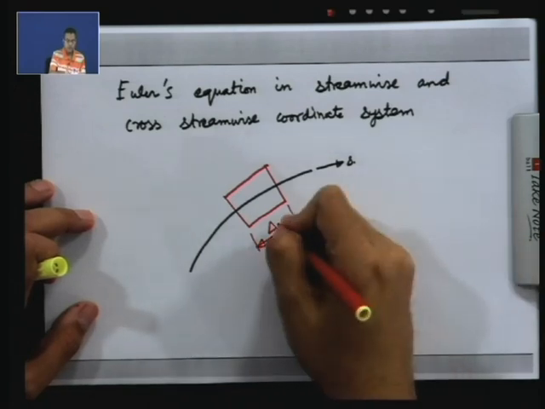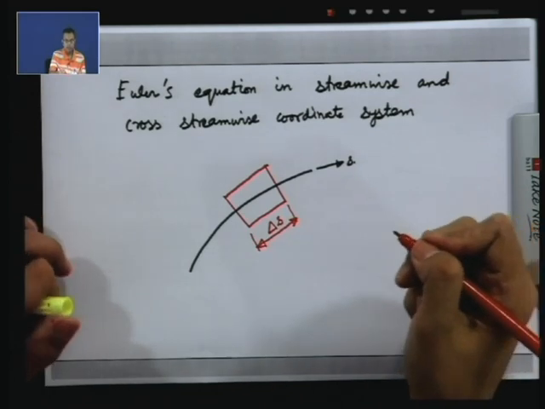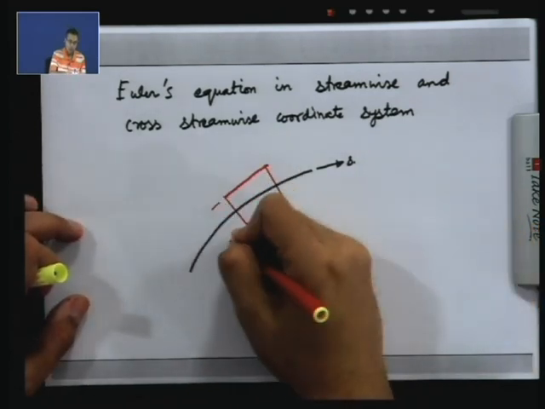Let us say that this fluid element is having a length of delta S and the normal direction length is delta n.